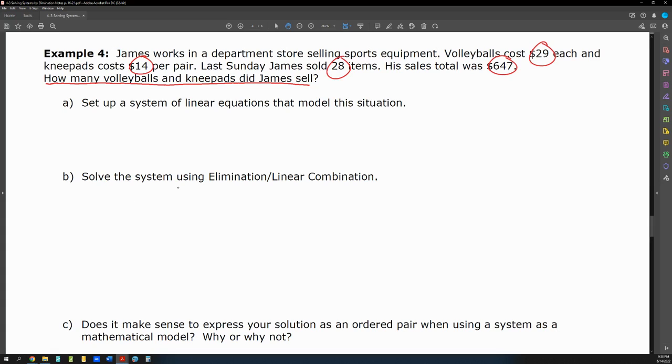So first, anytime you have modeling, we have to define our variables. So let's say let v be the number of volleyballs sold. And then we'll say let k be the number of knee pads sold.